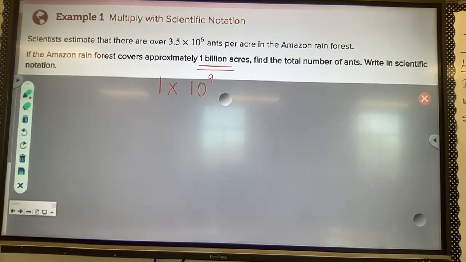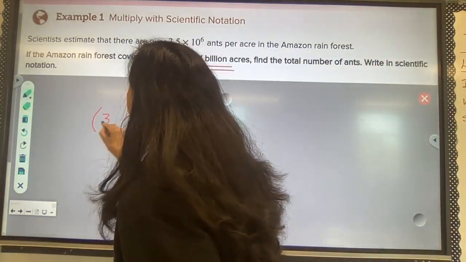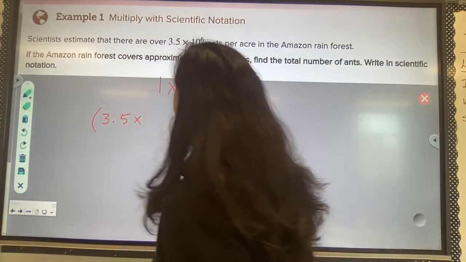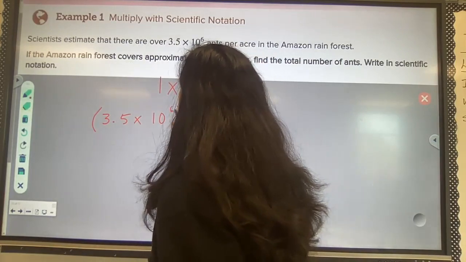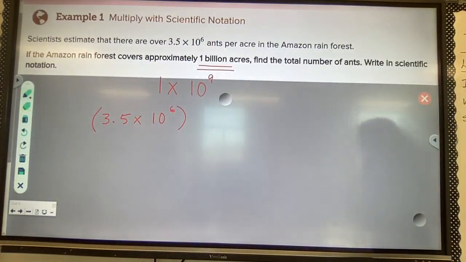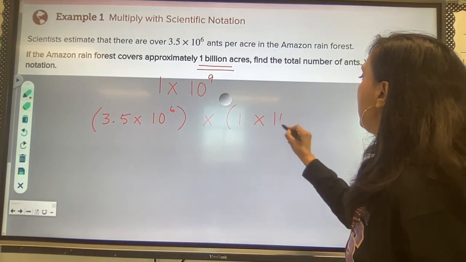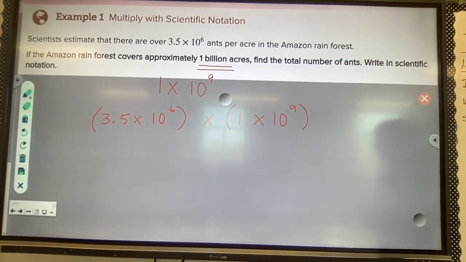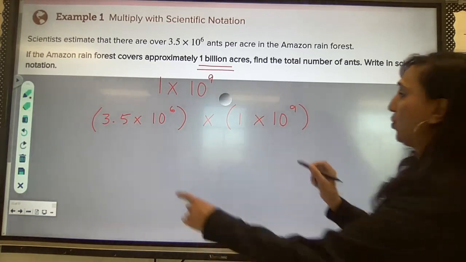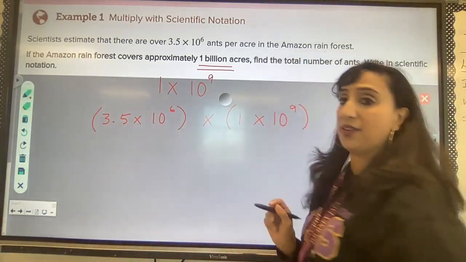Next I'm going to multiply to find the total number of ants. We have 3.5 times 10 to the 6th power, times 1 times 10 to the ninth power. Then I'm going to use the commutative and the associative properties, and group these two together and these two together.